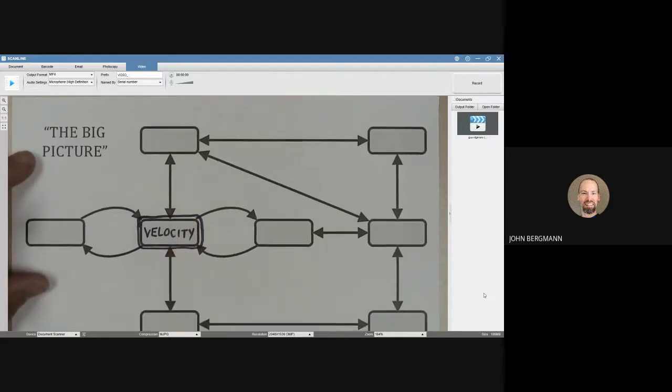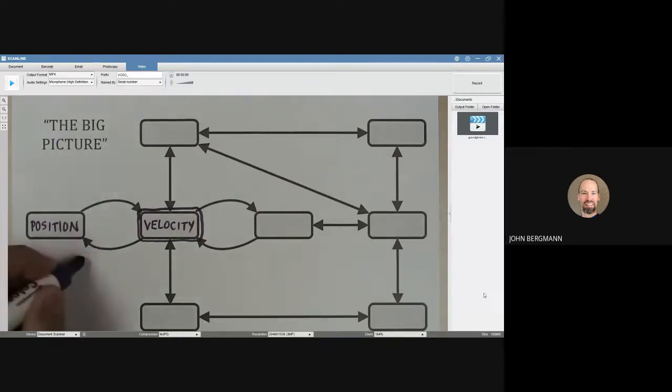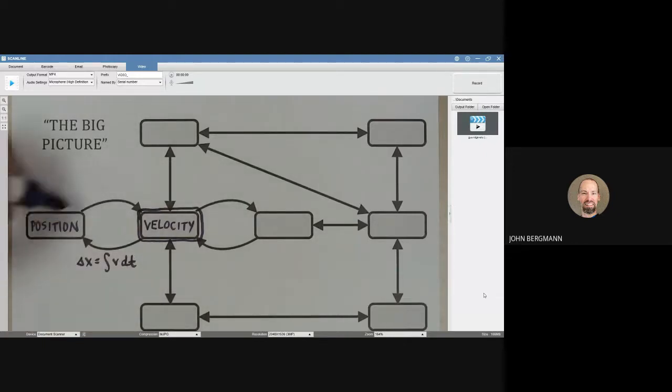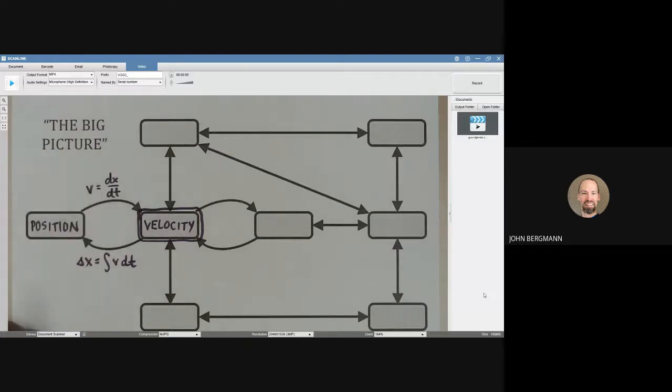So if we start right here with velocity, velocity is related to position. And how is it related? Well, the change in position is the time integral of velocity. If we have the position, we can differentiate it with respect to time and get velocity. That's pretty neat.